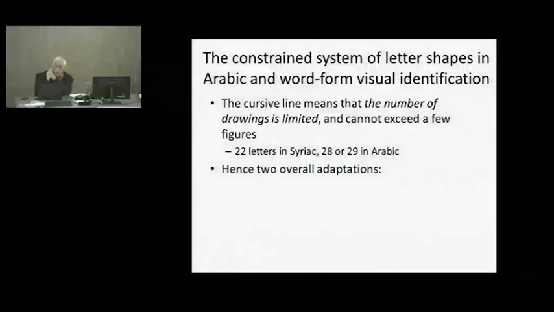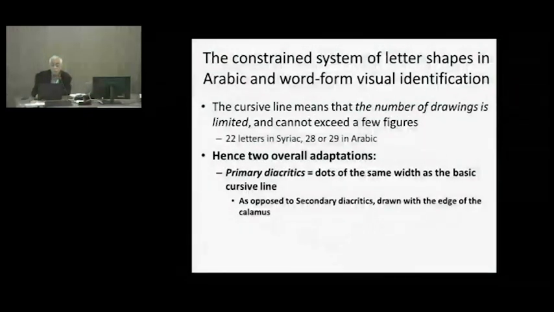Because when you go along a line and you want to keep it, then the number of drawings is limited. It cannot exceed a few figures. So we have 2 overall adaptations of the cursive line.